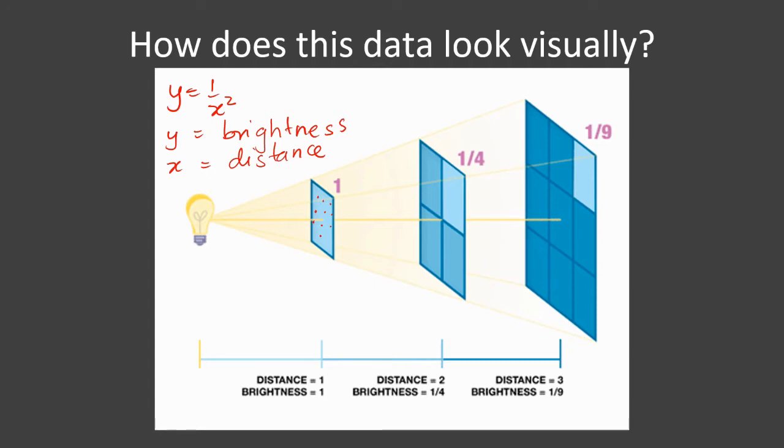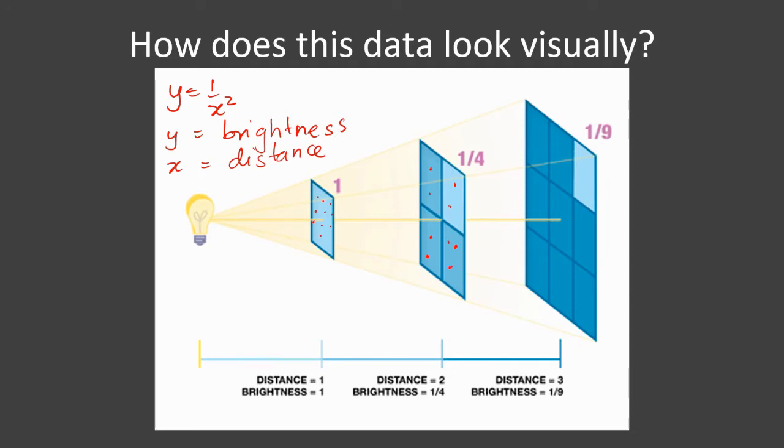Now these 10 dots at a distance of 2 are spread over an area 4 times the area of this original window. So when this 10 is spread, you will find approximately 2 to 3 dots on the same sized window.